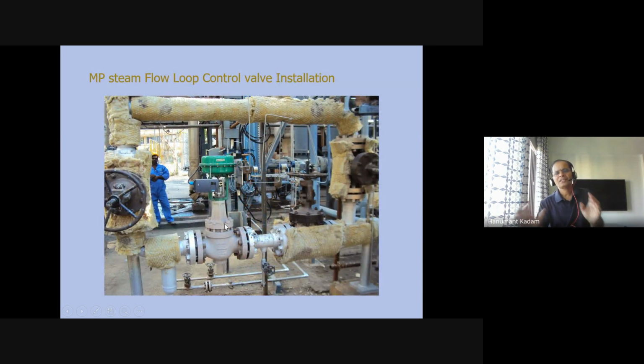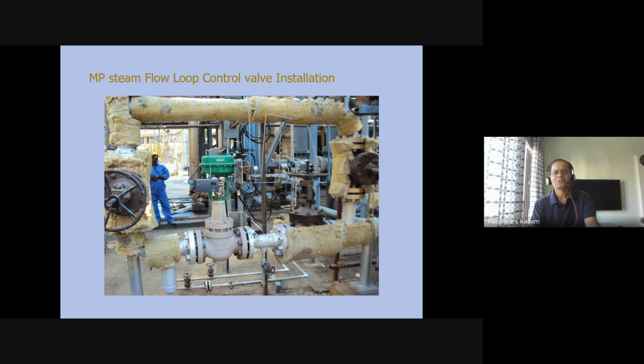And in an industrial setup, you see the valve is installed in one of the industrial process lines, that is a steam line, a high pressure steam line with a high temperature also. Therefore, you can see the way it is insulated. And this is the valve with the smart positioner on this body.